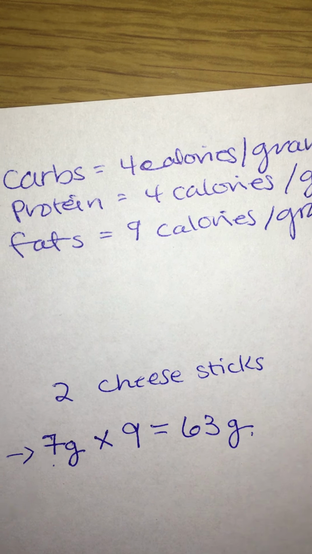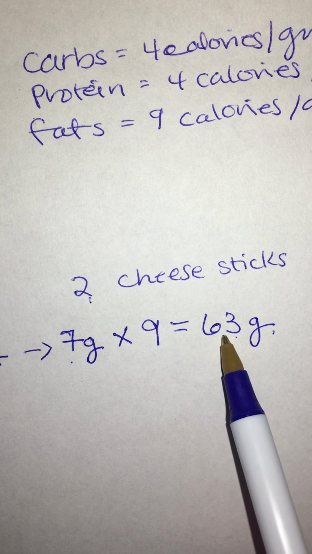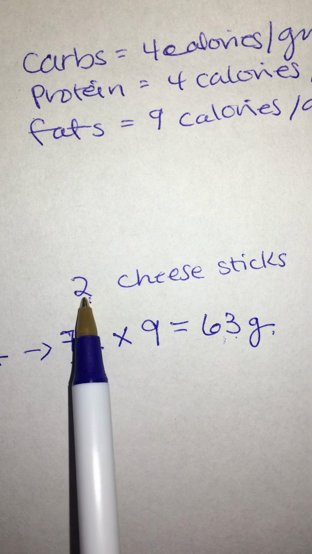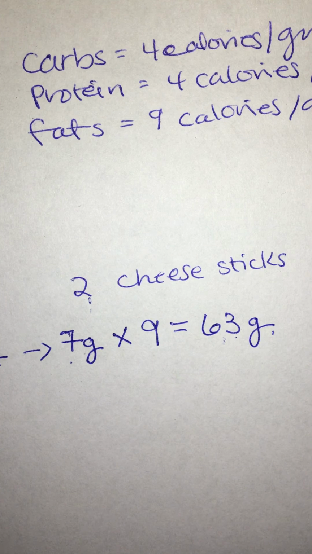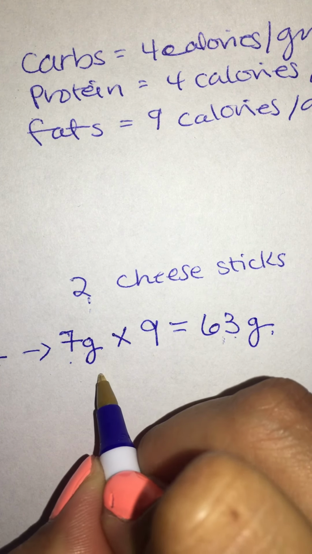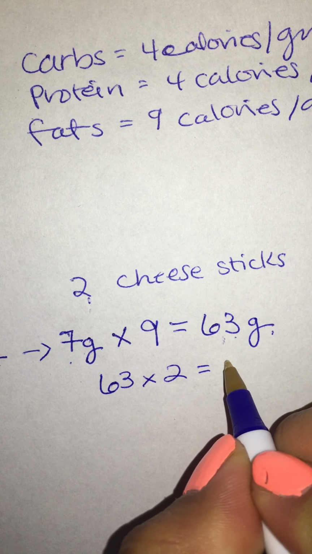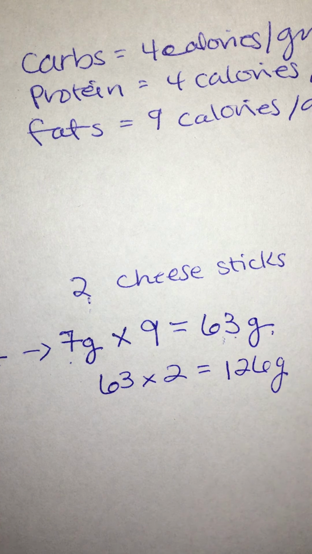Now I'm having 2, so I need to remember to multiply this by 2. Beware if you go straight to multiplying 7 by 2 to get 14, and so on. So 63 times 2, and we get 126 total for fat.